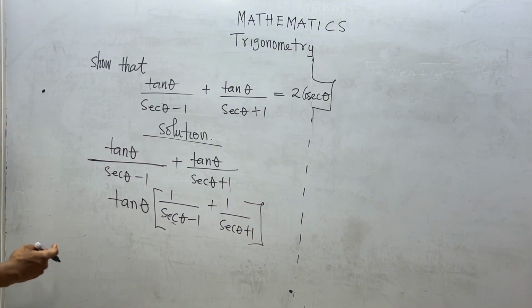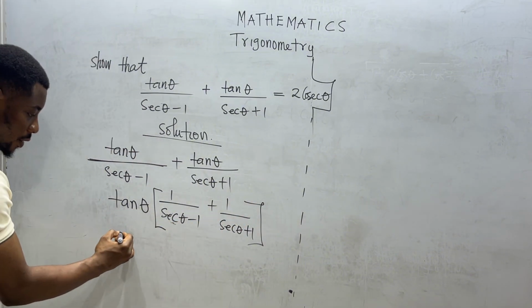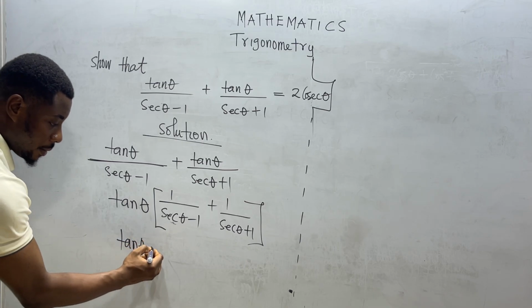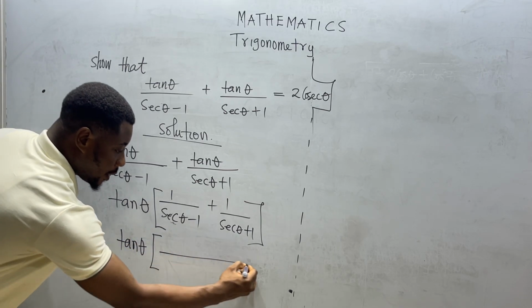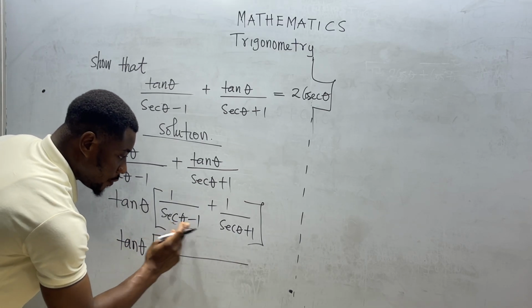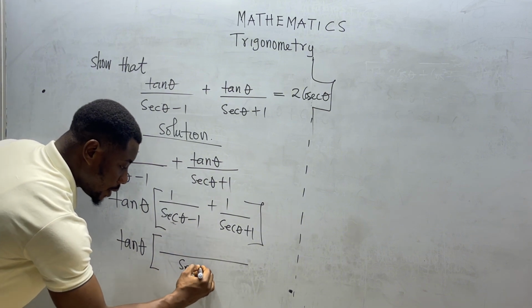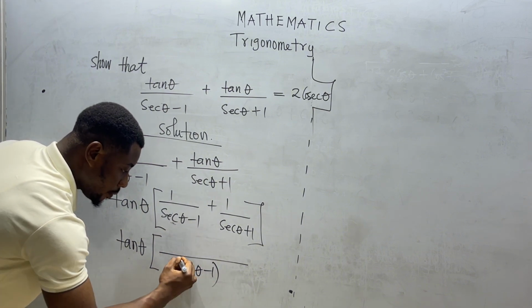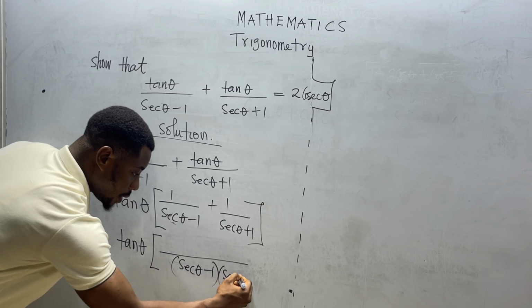So at this point, I can look for the LCM. I am going to have the product of this guy and this guy, that is sec theta minus 1 multiplied by sec theta plus 1.